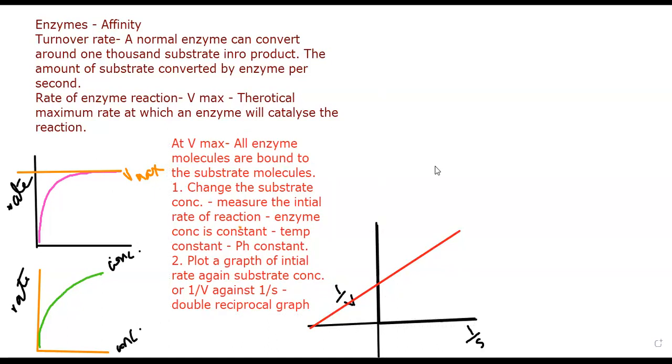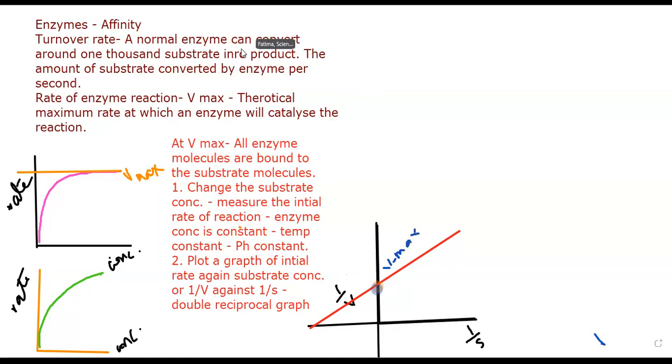How are we going to read the Vmax? You would think that you need to read the maximum velocity, but you need to realize that we are doing reciprocal. So our Vmax is actually this, my y-intercept. The y-intercept given to me in the graph is going to be my Vmax.